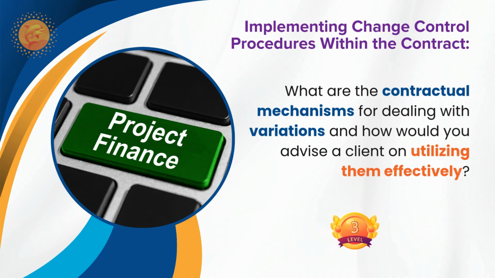Then a change in the sequence or timing of the work. Then revision in laws and regulations. Then change in material prices due to external factors such as legislation. And then execution of provisional sums under the contract, abortive works. These are the mechanisms to deal with the variations, sir.